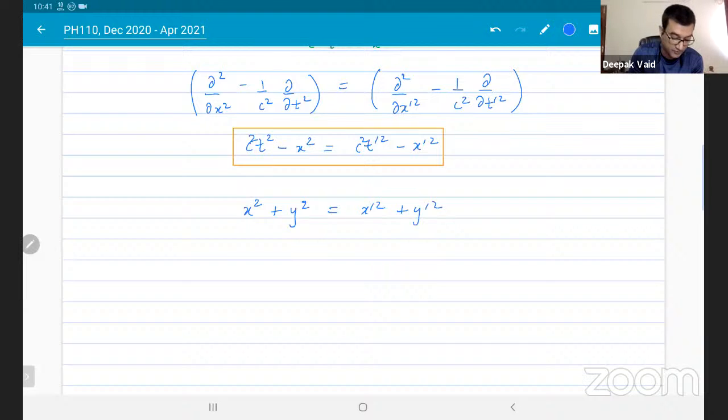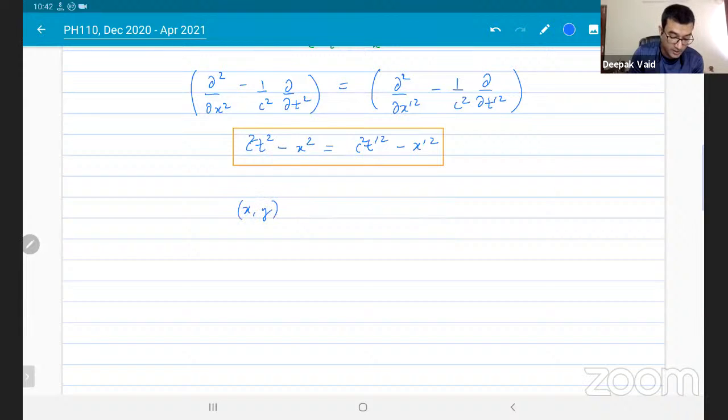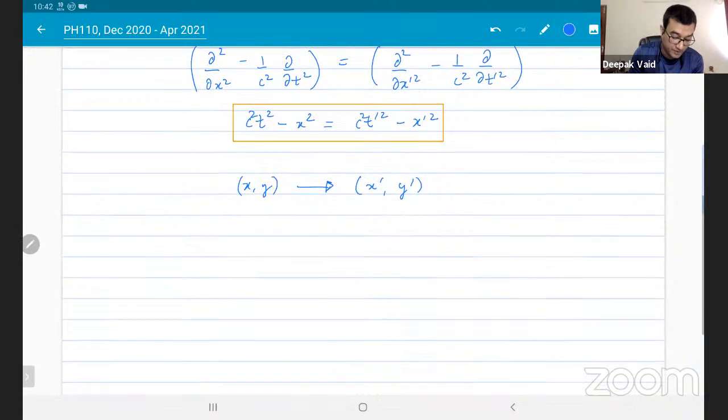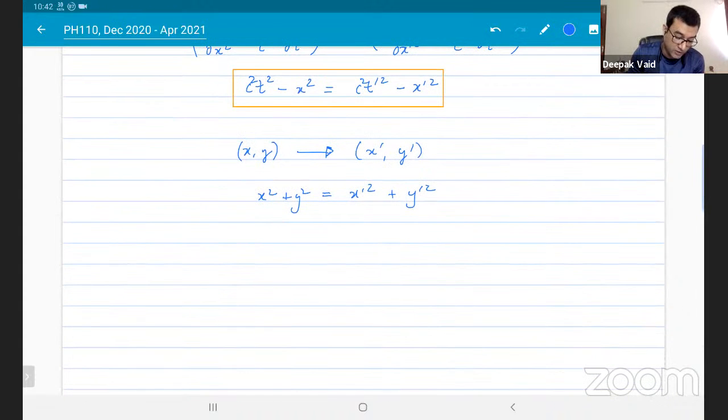Let's say we have some coordinates x, y, and we change to a different set of coordinates x prime, y prime, and we require that x prime squared plus y prime squared is equal to x squared plus y squared. You will see what the similarity is in just a little bit. Now, what sort of expressions for x and y would satisfy this equality? Can anybody take a guess?